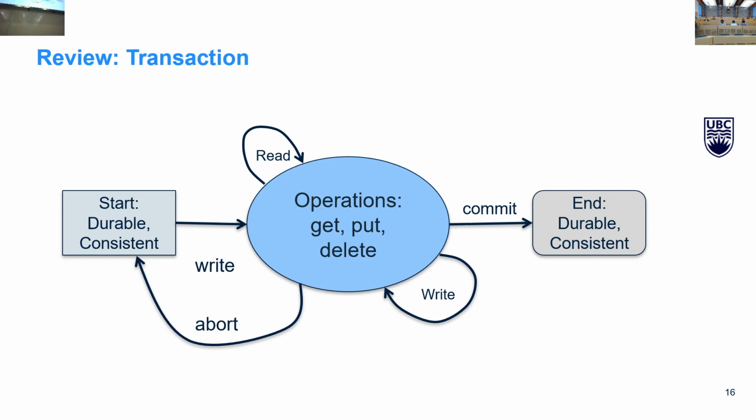At any rate, transactions provide us with these guarantees. Remember, atomicity, consistency, isolation, durability. The big one there is really durability. Project 3 is about the durability guarantees that we're providing to our clients.